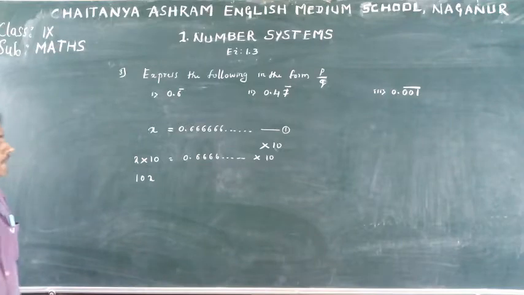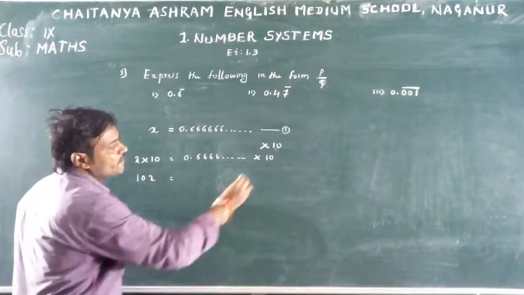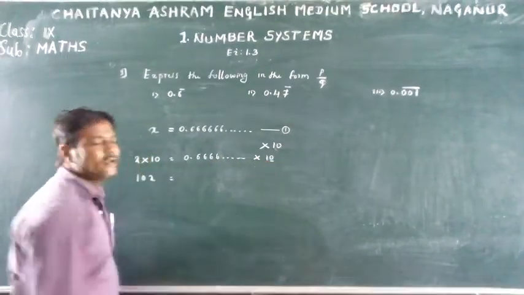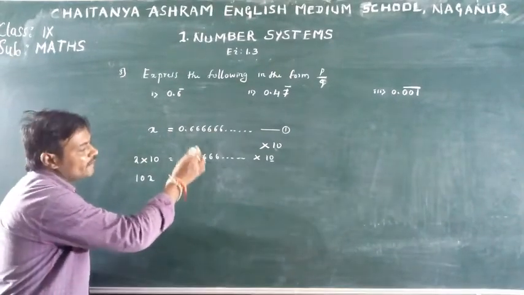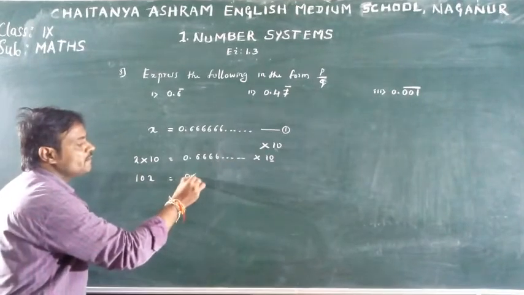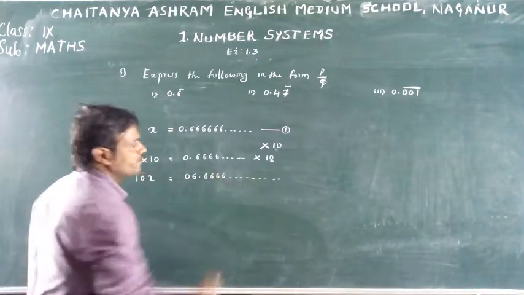Yes or no? Then 0.6666 multiplied by 10. How many zeros are there with 1? One zero. So move the decimal one place to the right.